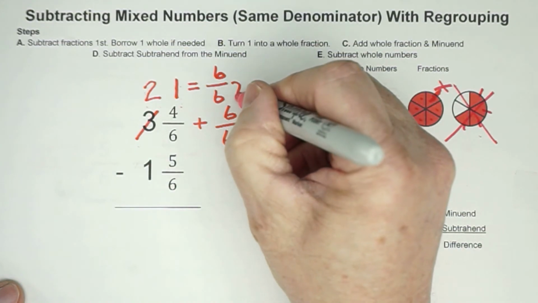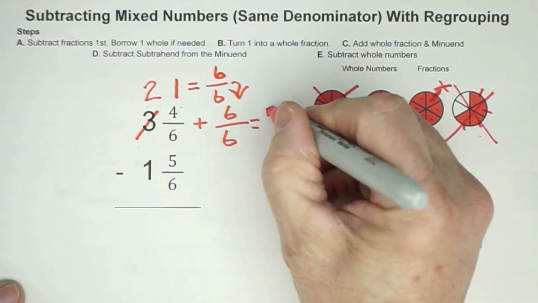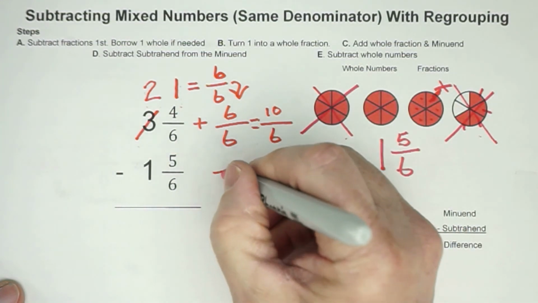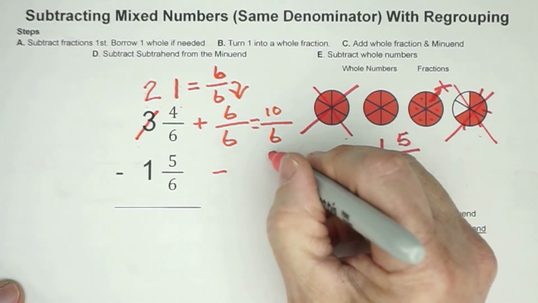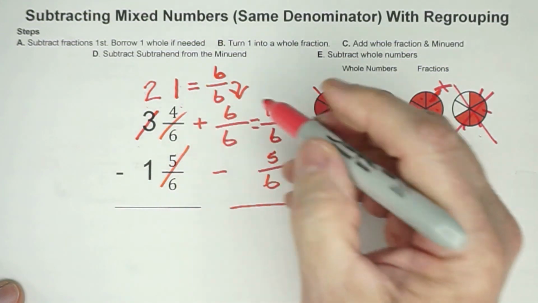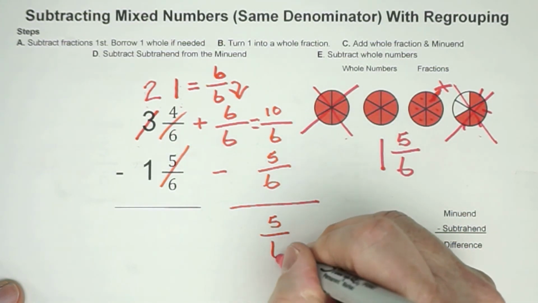And that's all I did is I just slid that down here. 4 plus 6 would be 10, and these are sixths. So 10/6 minus, I'm going to rewrite the 5/6. 10/6 minus 5/6 is 5/6, okay?